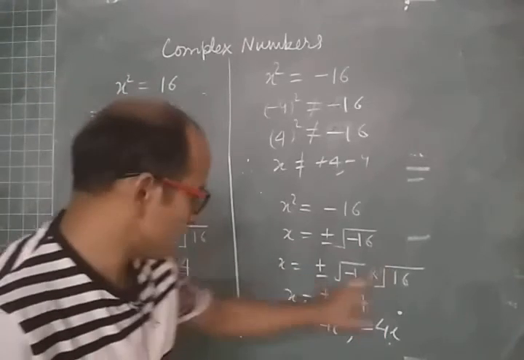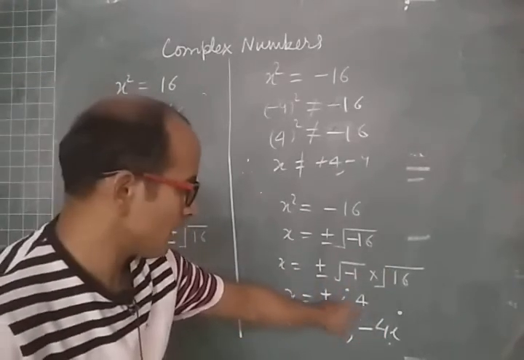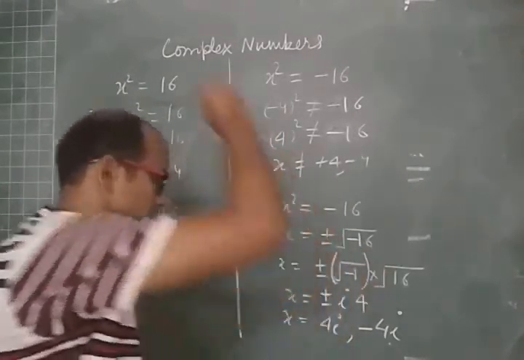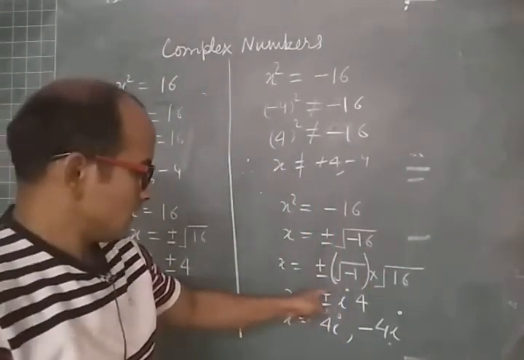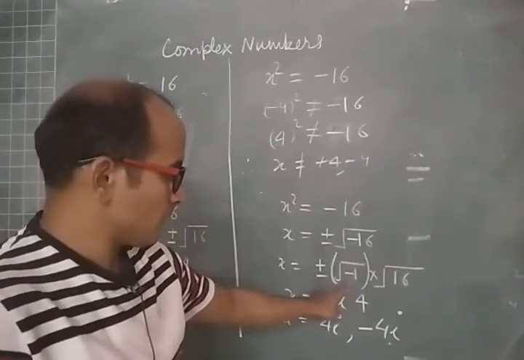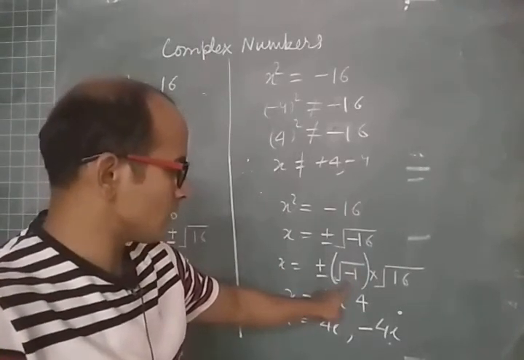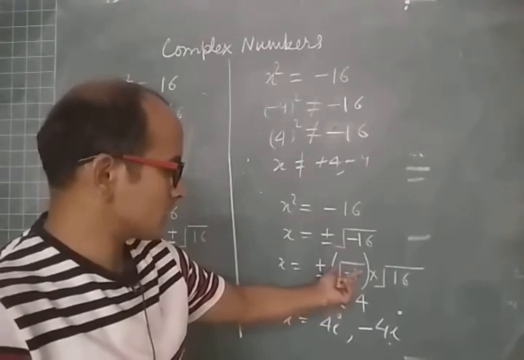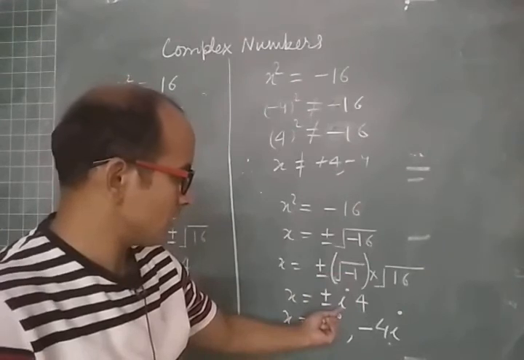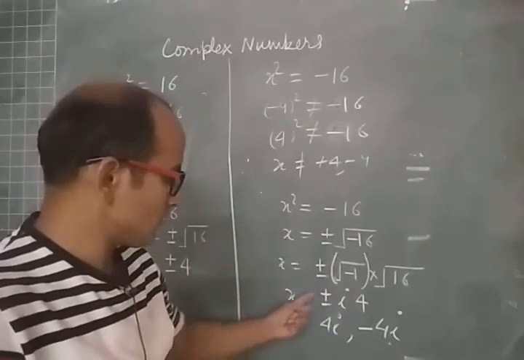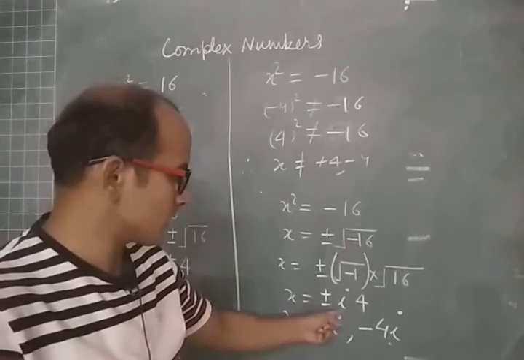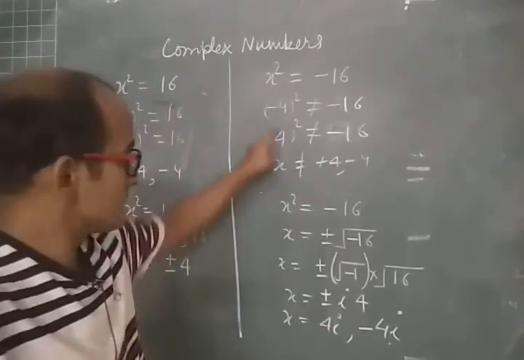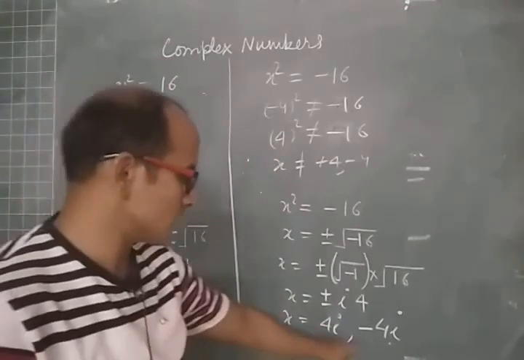Now, square root of 16 is equal to 4, and square root of minus 1 is a Greek letter called iota, denoted by small i. The values of x are plus minus 4 iota. So in this case, x is equal to 4 iota and minus 4 iota.